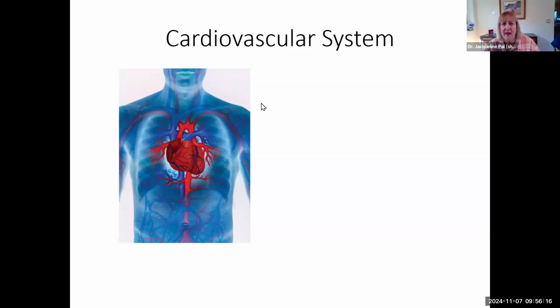So looking at that, we have the heart, the cardio part, and blood vessels, the vascular part. That's where this organ system got its name. The heart basically is responsible for pumping the blood.